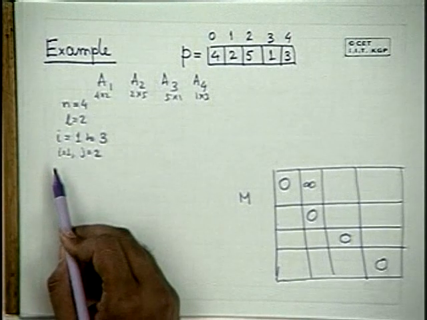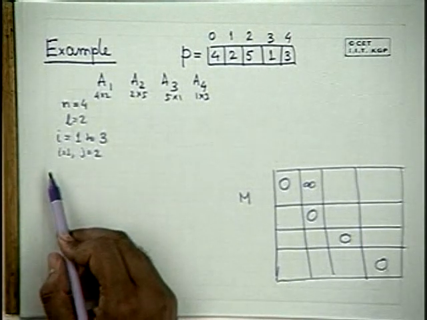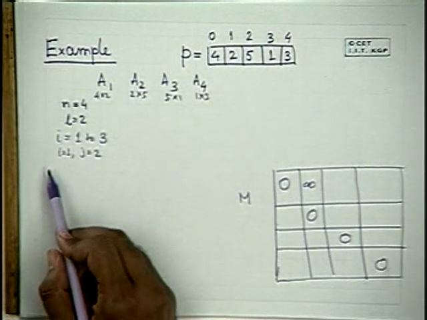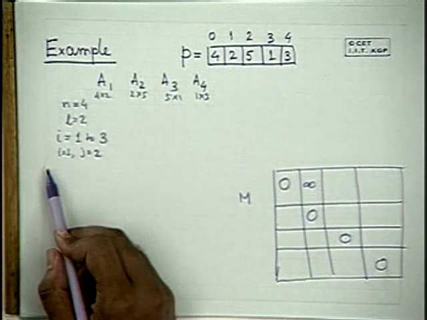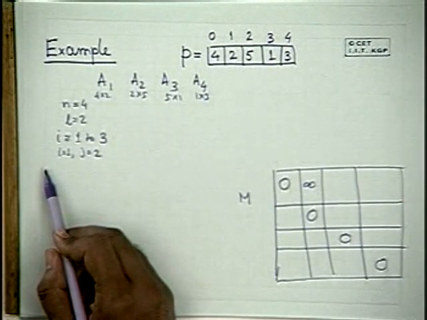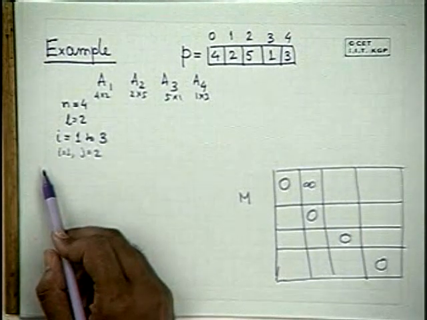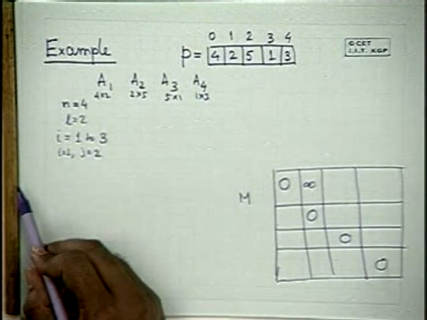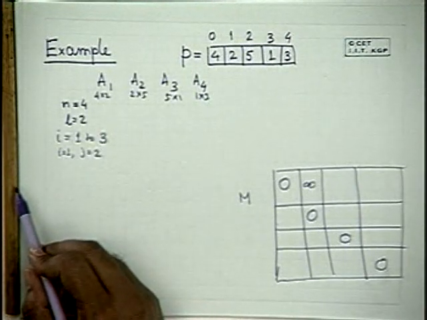Mult becomes Mik. What is Mik? M11, which is 0, plus Mk plus 1j, which is M22. M22 is again 0. So it is 0 plus 0 plus P i minus 1 star Pk star Pj. What is that?